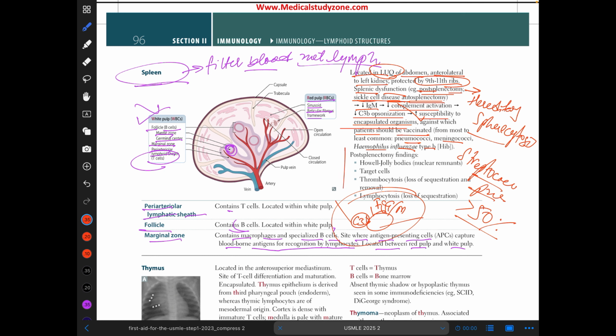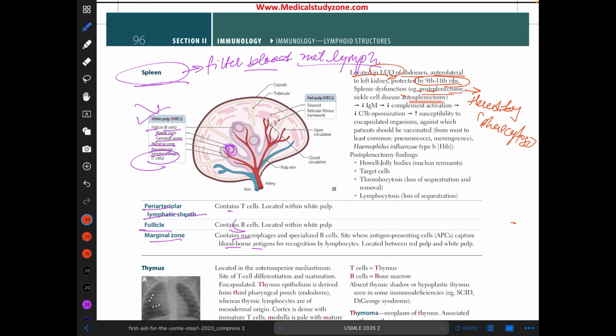And what will you find in a patient after splenectomy? If a patient has no spleen, what type of findings will you see? First are Howell-Jolly bodies. There is a nuclear remnant, for example, in the RBC.